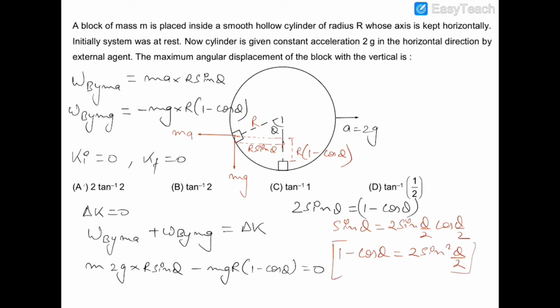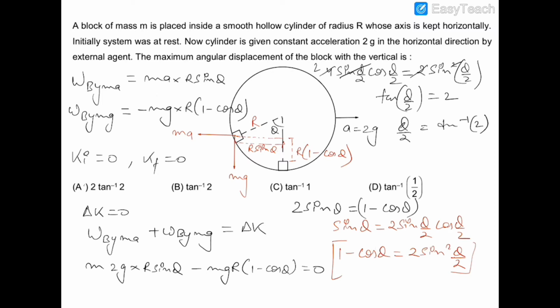So substituting these values in the above equation, it would be 4 sin(theta/2) cos(theta/2) equal to 2 sin square(theta/2). Cancelling sin(theta/2) and the 2, tan(theta/2) is equal to 2, and theta/2 is equal to tan inverse 2. So theta is equal to 2 tan inverse 2.